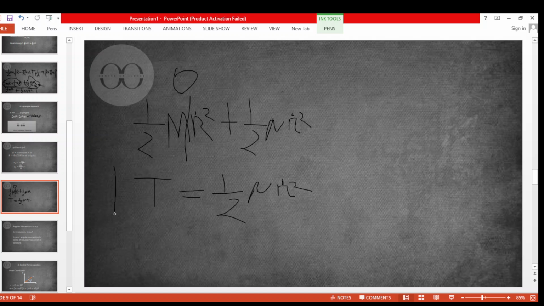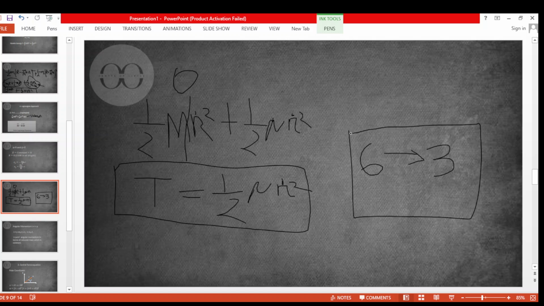Now as you can see, it is an equation of 3 degrees of freedom. So what we just did, we reduced an equation with 6 degrees of freedom to an equation of 3 degrees of freedom. So that is the main key concept of these words.